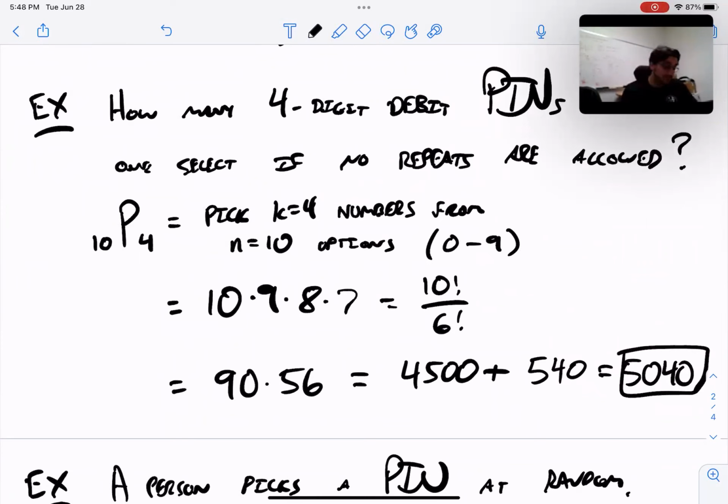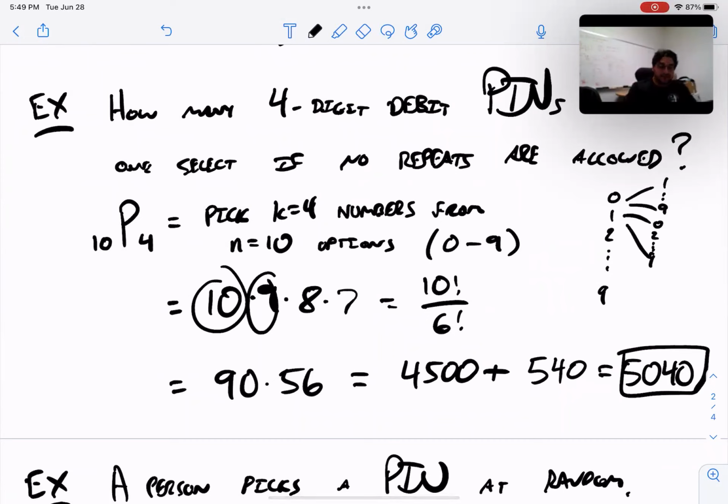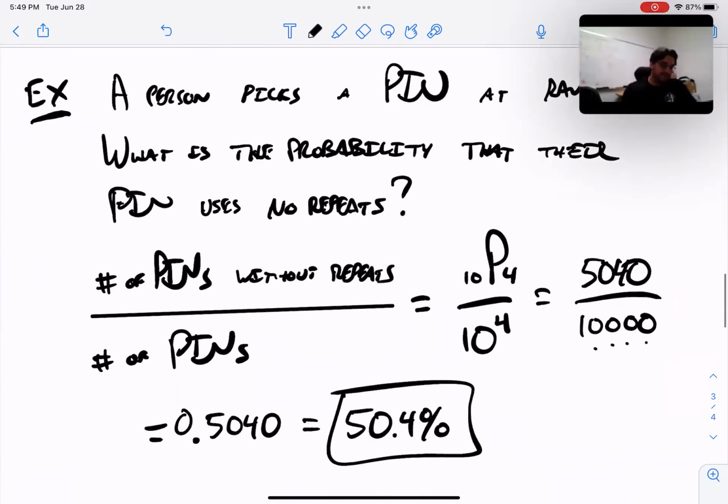You can still imagine this tree of 10 different digits for your first digit, 0, 1, 2 all the way to 9, and then you have 9 options for each of these, because for 0 you can now pick 1 through 9, for 1 you could pick 0 or 2 through 9, and so on. You can imagine this tree generating these 5,040 options. Then here's a probability problem based on what we calculated above. So great, permutations. Thanks. See you soon for our combinations.